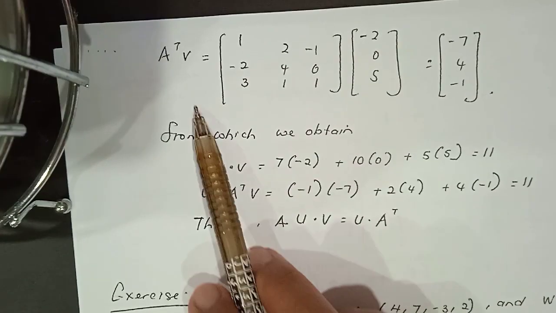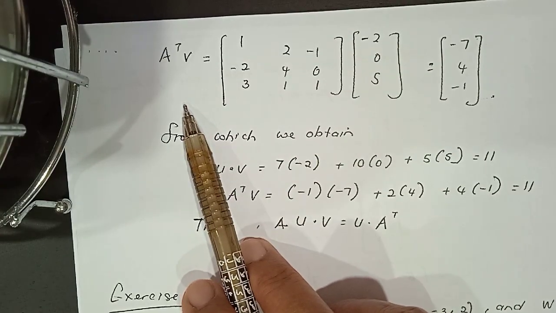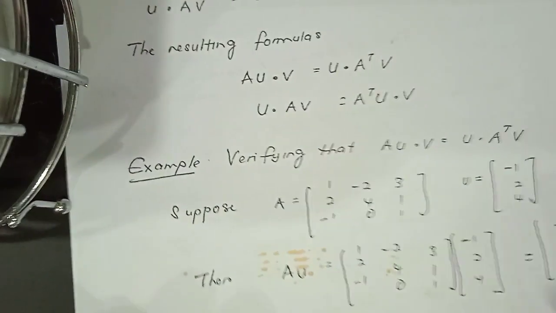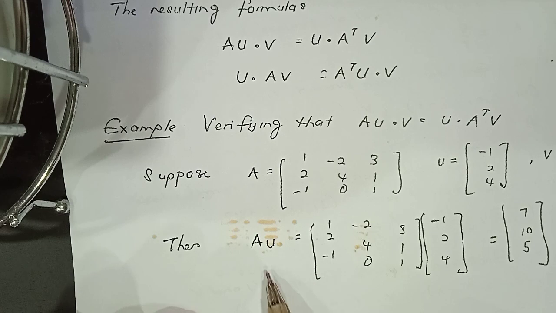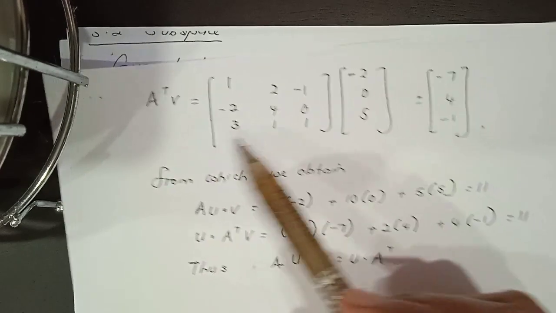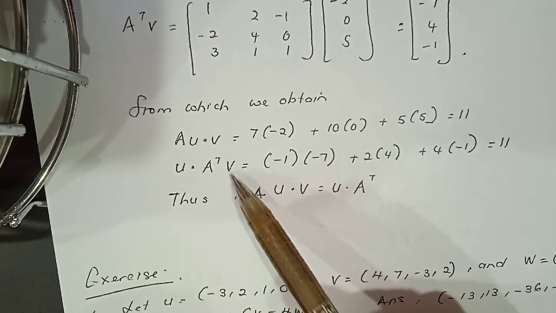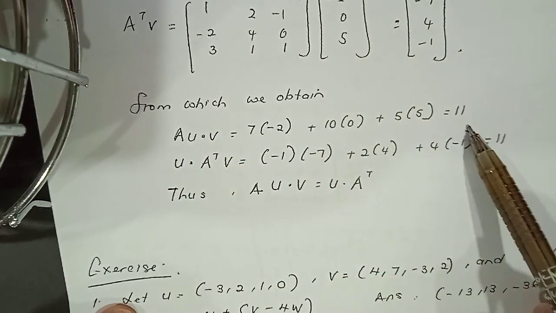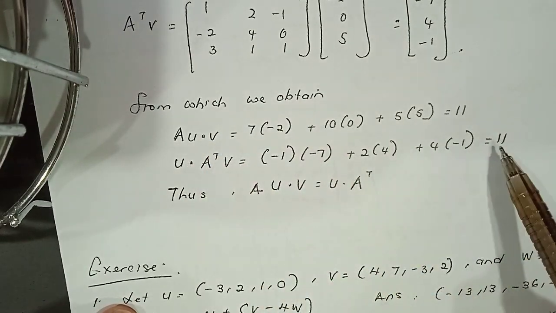From this, we have Au, and A transpose v is this one. So we obtain the left side value as 11 and the right side value is also 11.